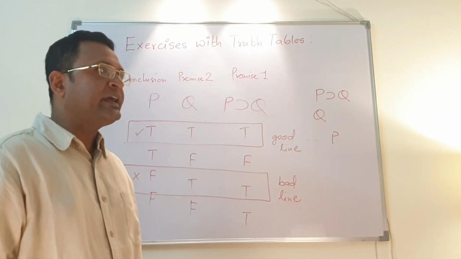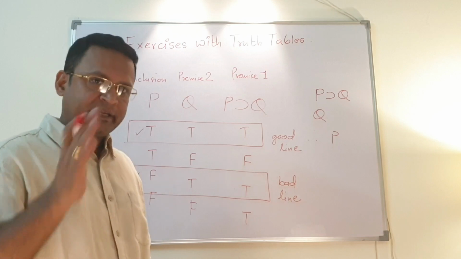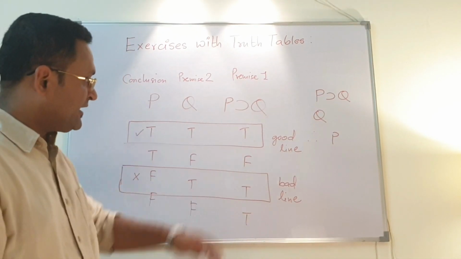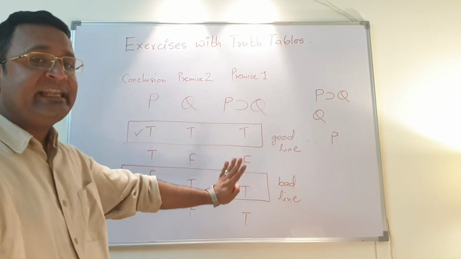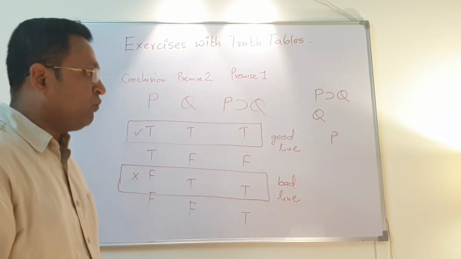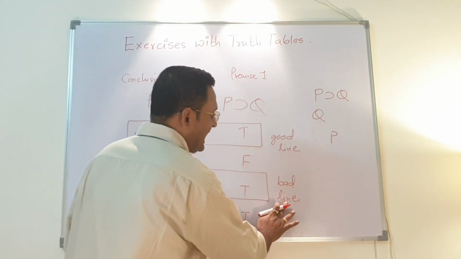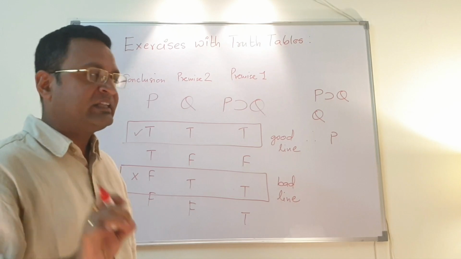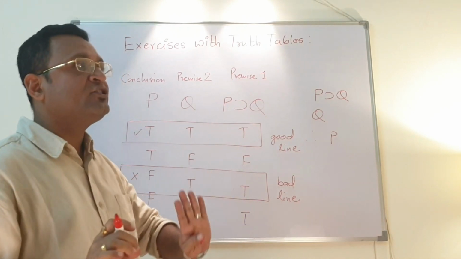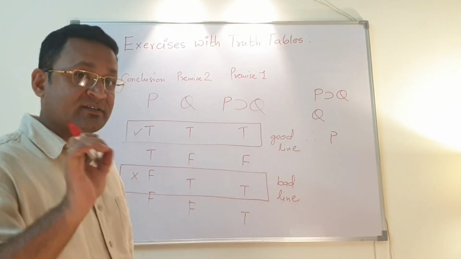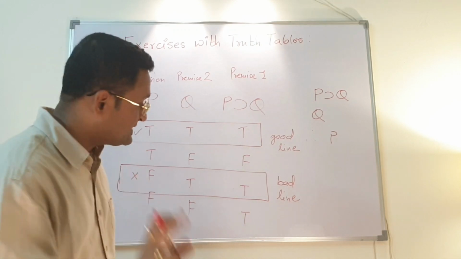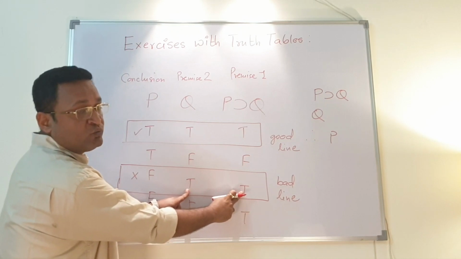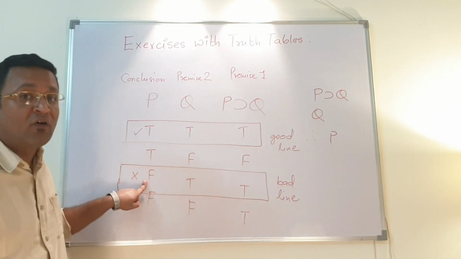No. An argument will be either valid or invalid. It cannot be both. So how to decide whether it is valid or invalid? It is an invalid argument. Why? Because one bad line is enough to prove that this argument will not follow the rules of validity, because there is a substitution instance which can make the premises true but the conclusion false.